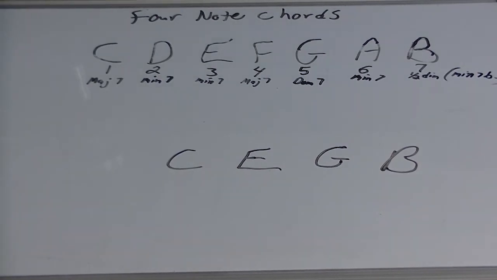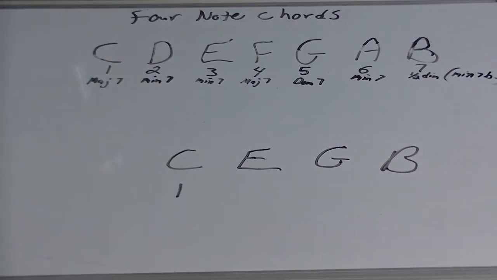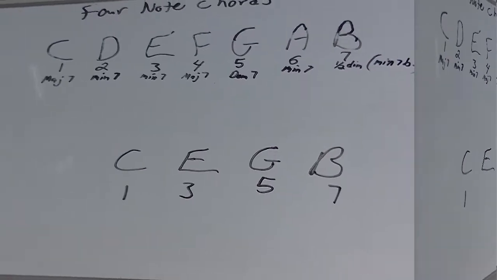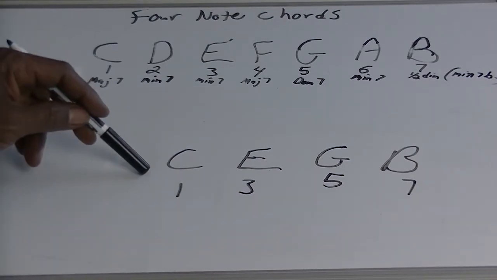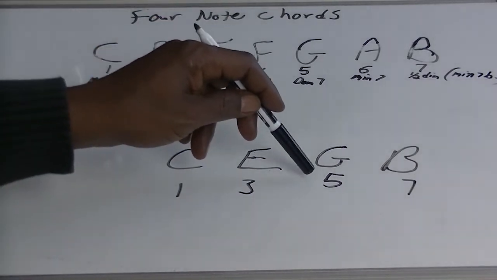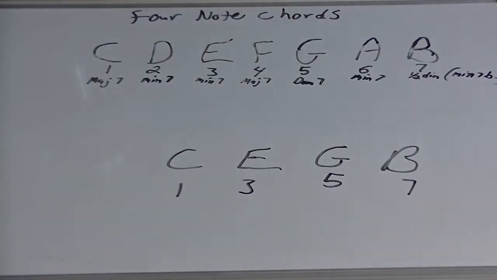And if we do that, we can see that C is the root note of the scale, and we represent that with the number 1. So when we analyze our C major 7th chord, what we have is the 1st, the 3rd, the 5th, and the 7th notes of the major scale.